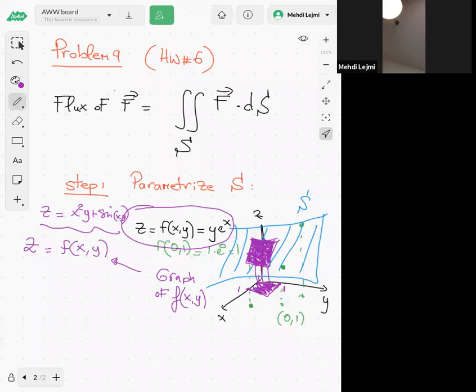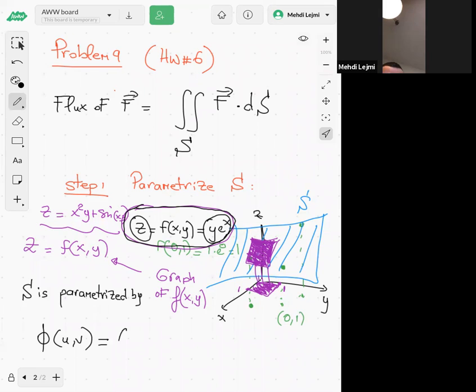Whenever your surface is given by the graph of some function, you can always parameterize S. The simplest way is to say phi parameterizes S using u and v. The only relation between x, y, and z is that z is equal to y e to the x. There are no conditions on x and y; they're independent variables.